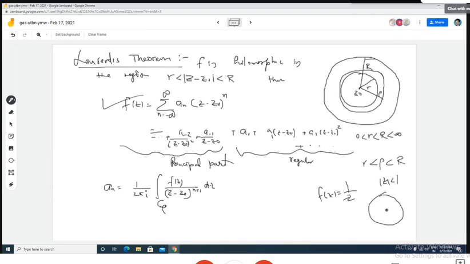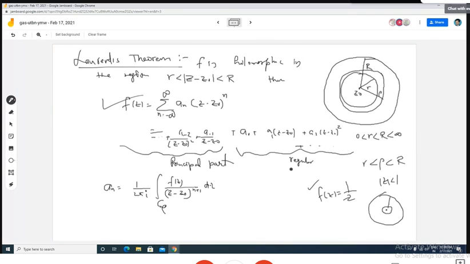But if you just remove this origin, and you take this ring shaped region with this inner circle radius small r, where r is as small as you want, and this outer radius maybe 1, in this ring shaped region this function is holomorphic. And you can find this Laurent series expansion in powers of z. And in fact, because it is already written as 1 upon z, just one term is here.